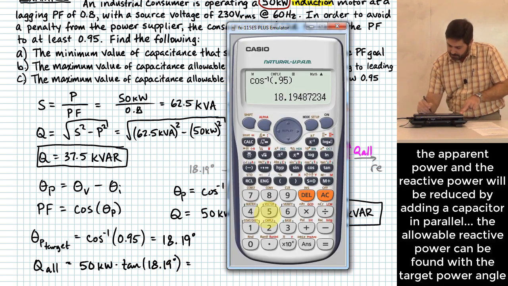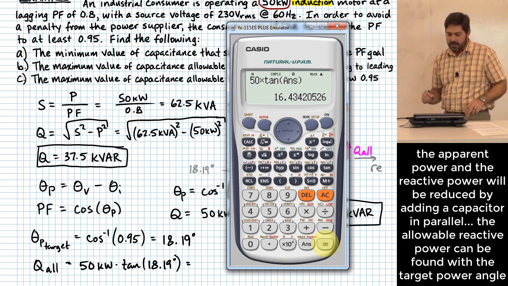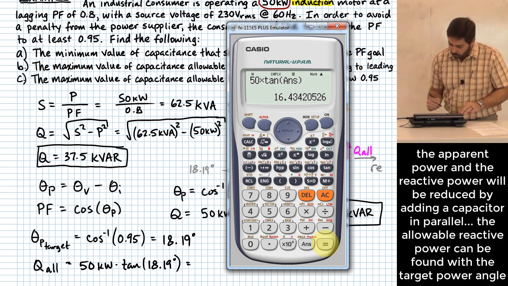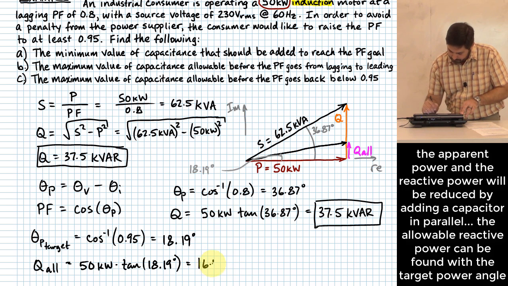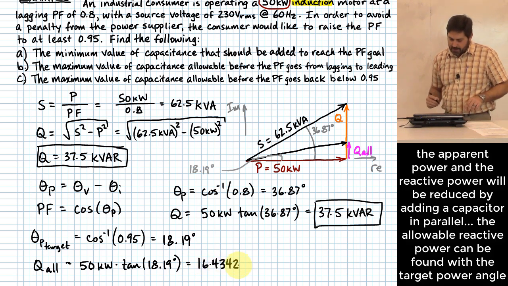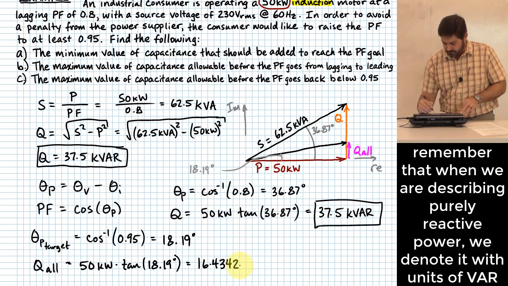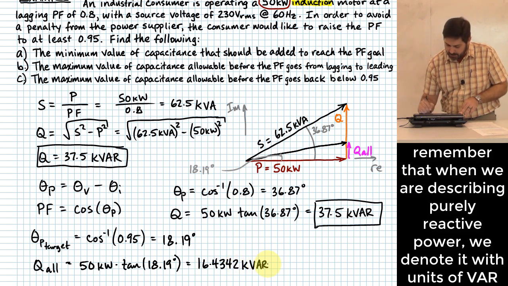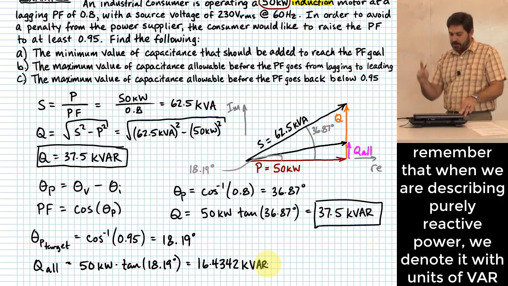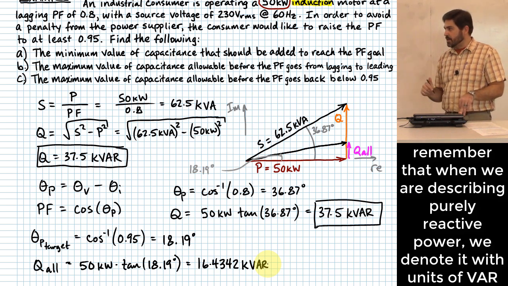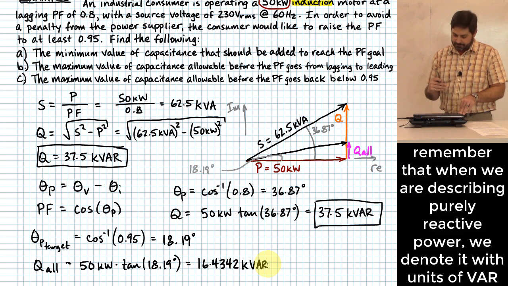So if I put that in here, 50 times the tangent, and I think that was the last thing I just calculated, so I can just say the tangent of that answer. It'll be 16.4342. Okay. What kind of units should I put on this one? kVAR again, because that is a value that is going to be measured entirely as an imaginary quantity. It's an entirely reactive amount of power.